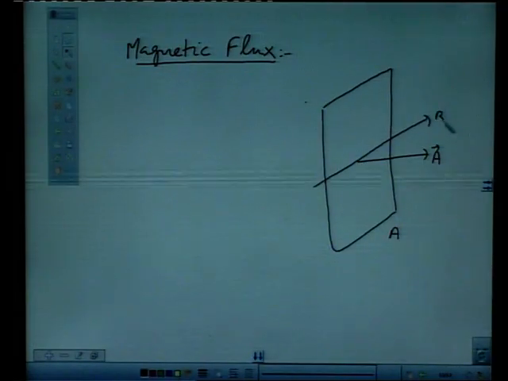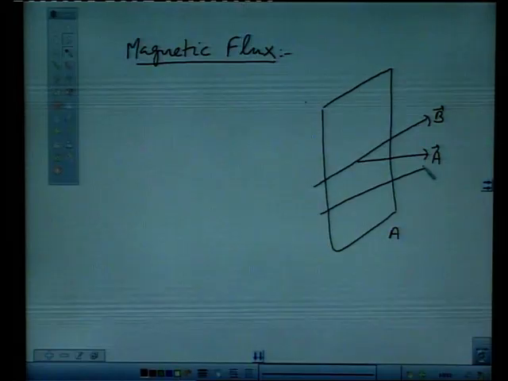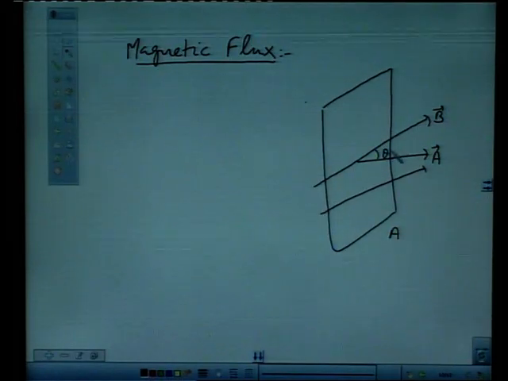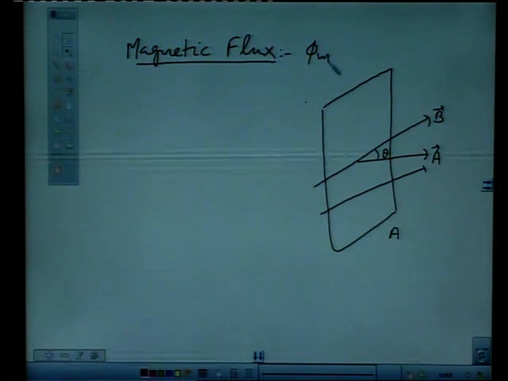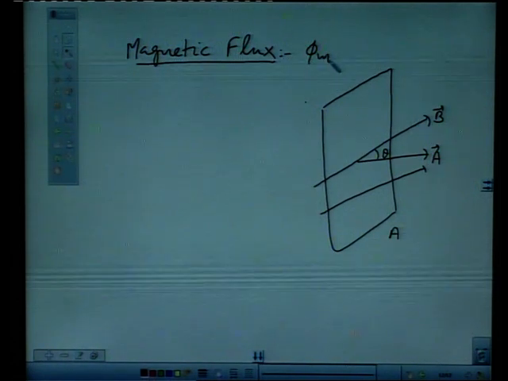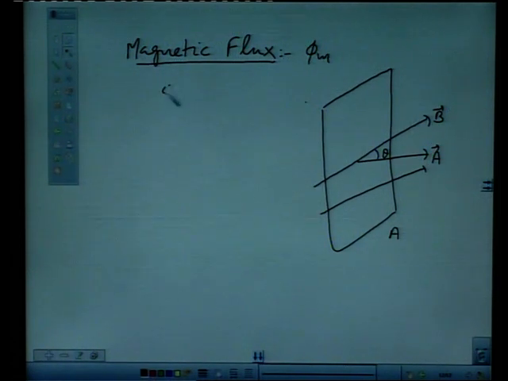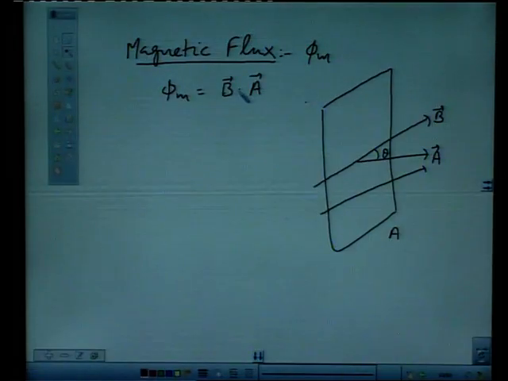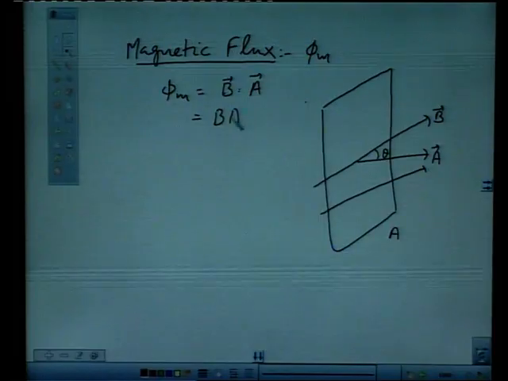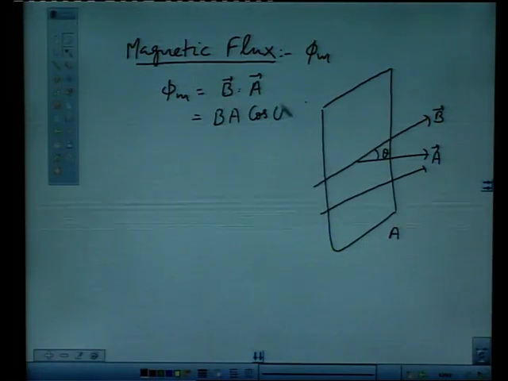This is a line of magnetic field. The angle between the magnetic field and the area vector is theta. So this magnetic flux is denoted by phi m. It is a scalar quantity. It is defined as the dot product of the magnetic field and the area vector, or it can also be written as B into A into cos theta.